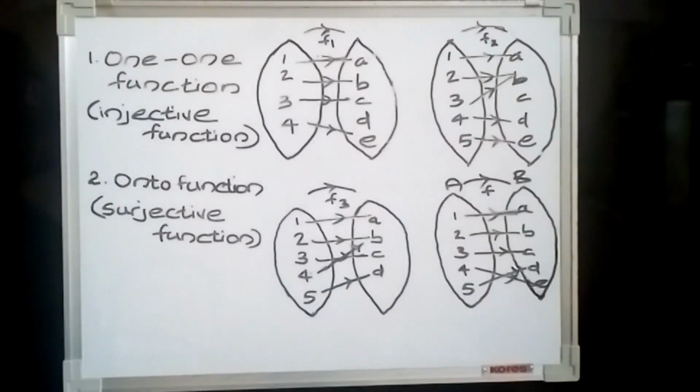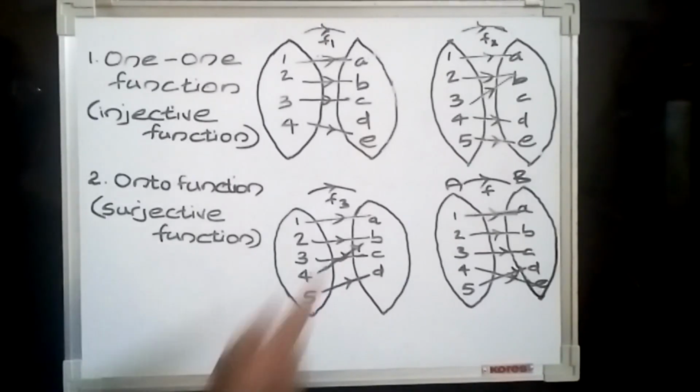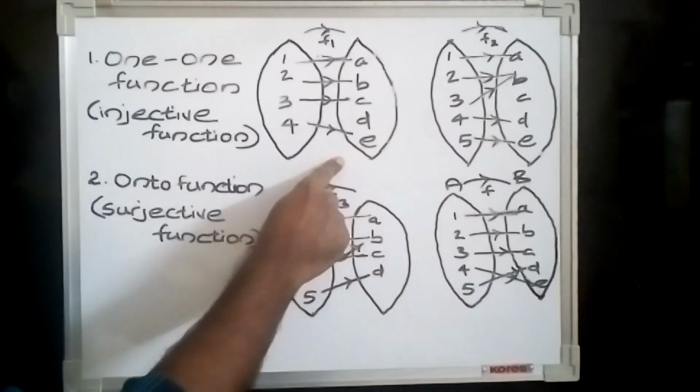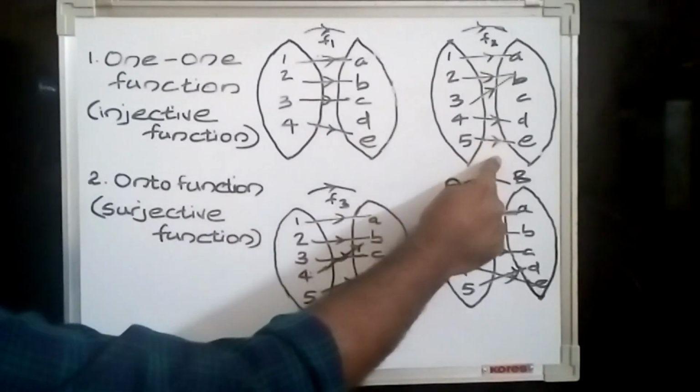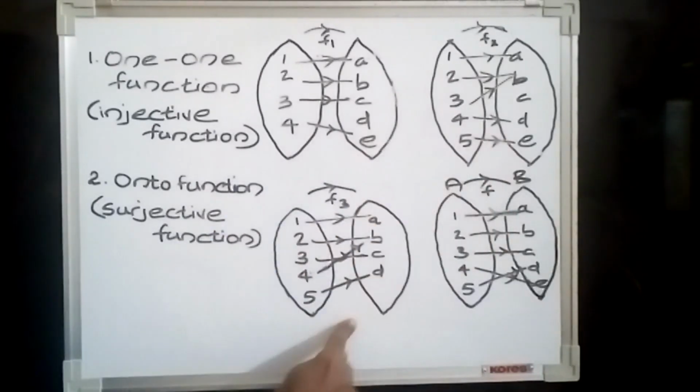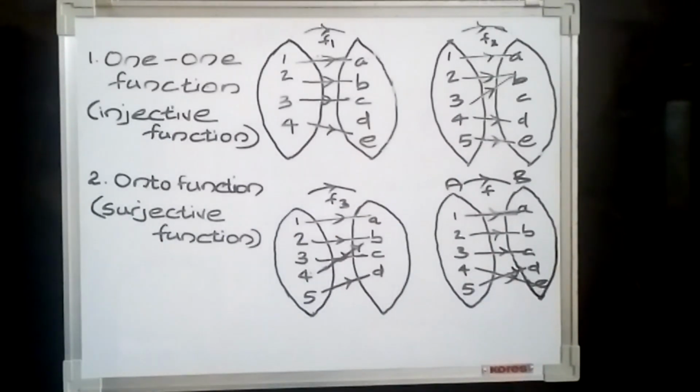If the function is not onto, it is called an into function. Here f1 is not an onto function, it is an into function. f2 is also not an onto function, it is an into function. f3 is an onto function, and the last function is also an onto function.